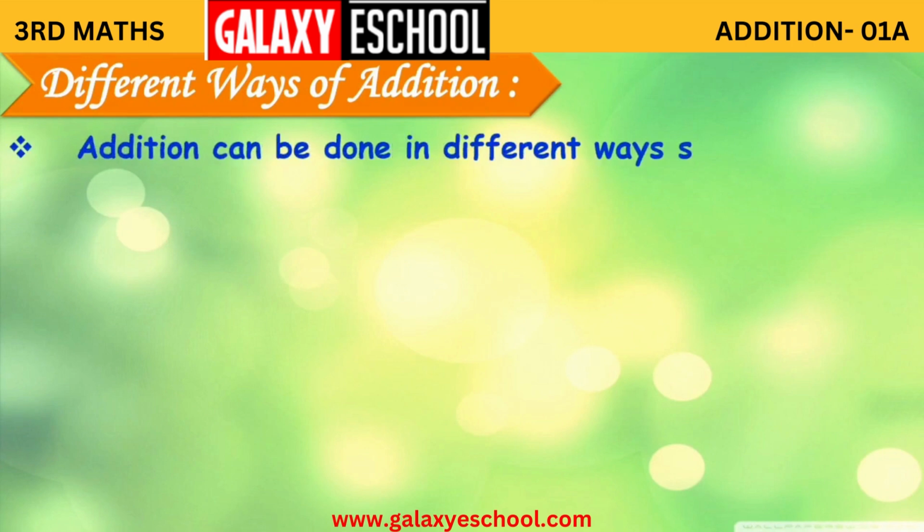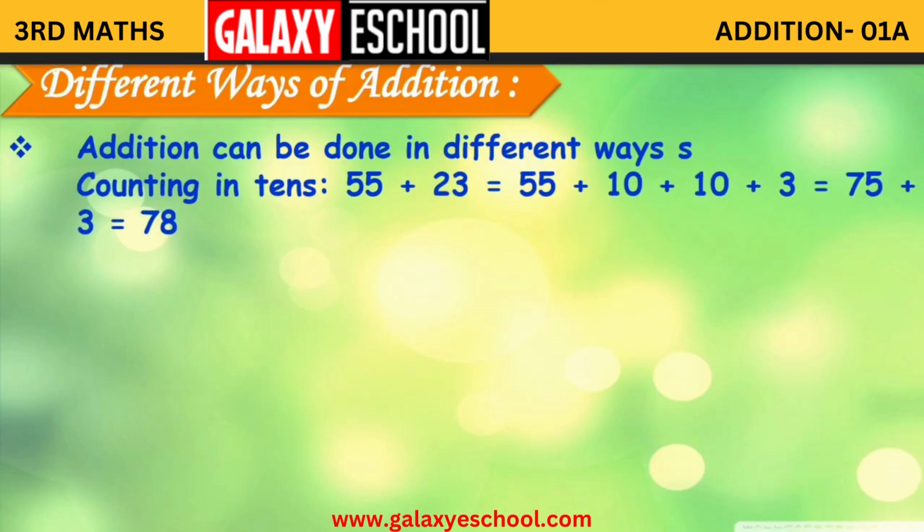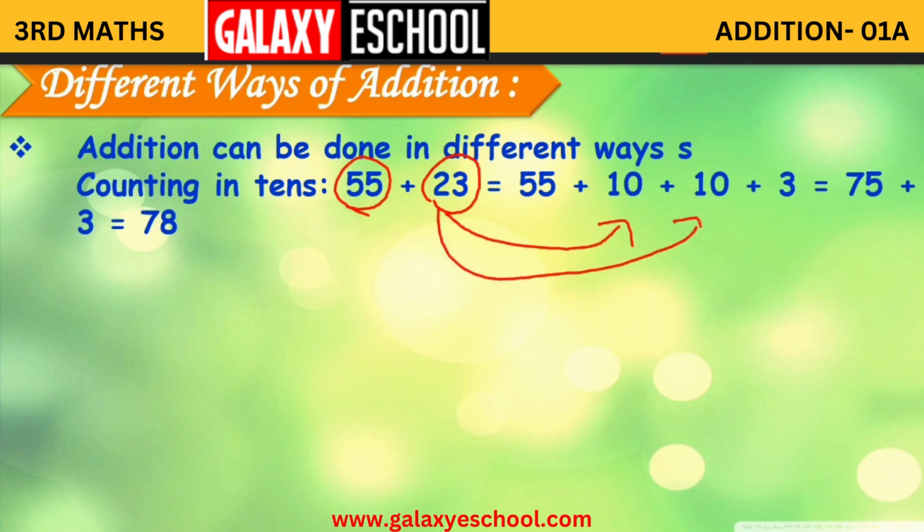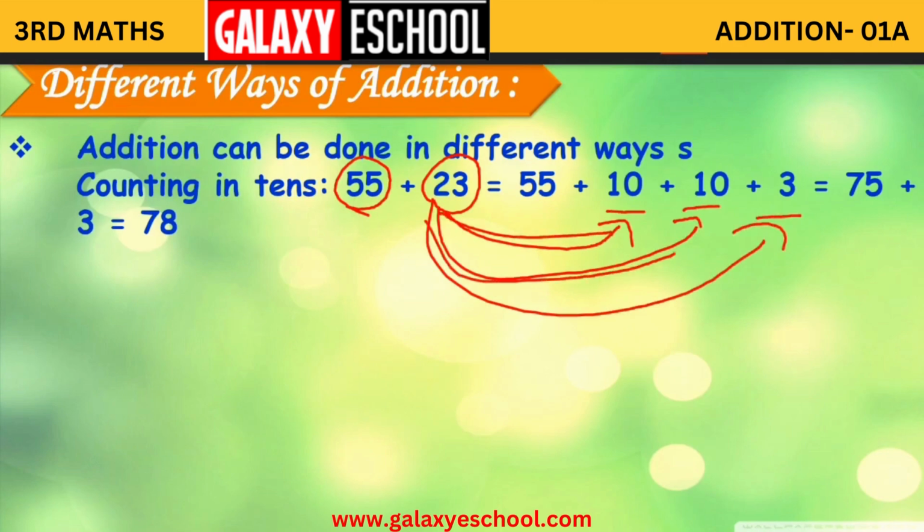Different ways of addition. Addition can be done in different ways. Counting in tens. Here we have two numbers, 55 and 23, right? What we are doing here is we have split 23 into 10 plus 10 plus 3.